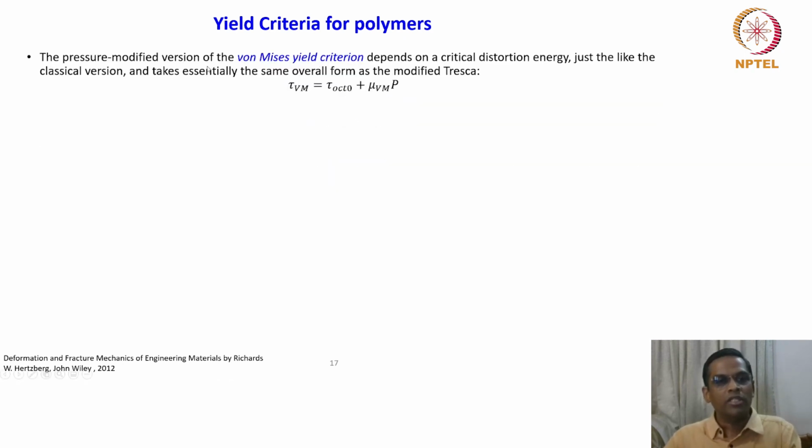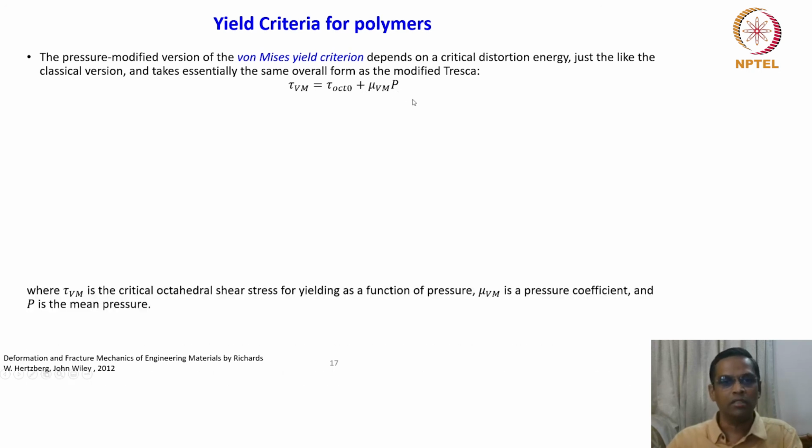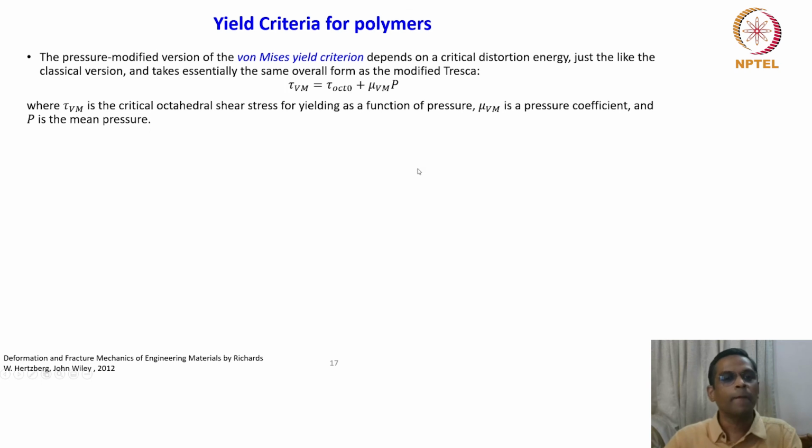The pressure modified version of the von Mises yield criterion depends upon the critical distortion energy, just like the classical version, and takes essentially the same overall form as the modified Tresca, which is tau VM is equal to tau oct 0 plus mu VM times P. So this is the von Mises yield criterion. Tau VM is the critical octahedral shear stress for yielding as a function of pressure.